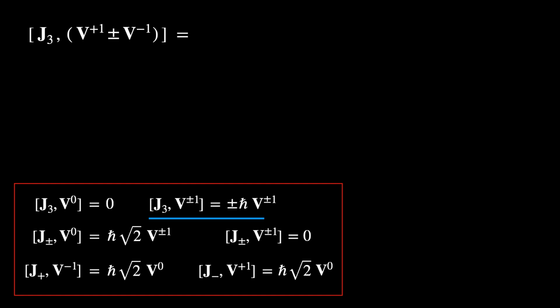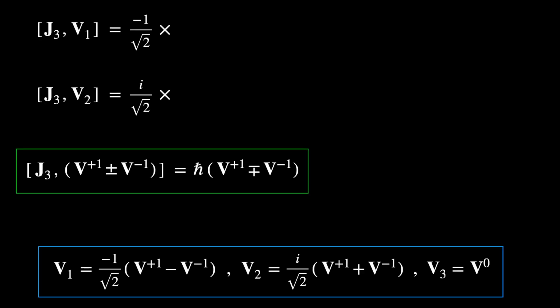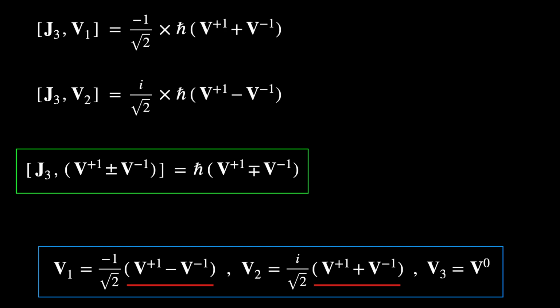Referring again to the spherical commutation relations, we have the following. The green box provides the solutions to the two commutators above.